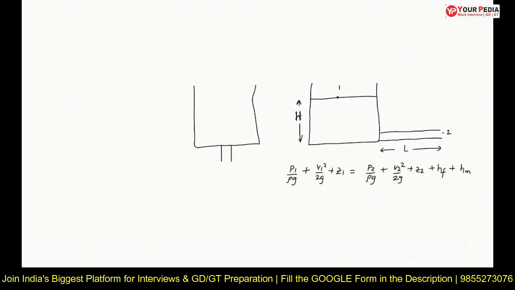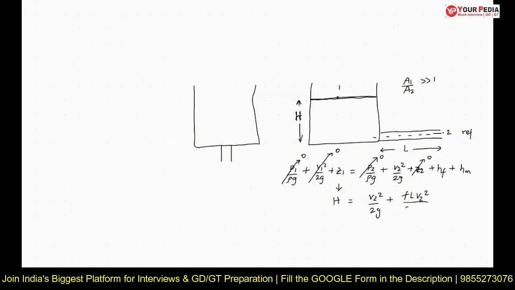Pressures 1 and 2 are atmospheric, so I can cancel them. Area 1 divided by area 2 is very much greater than 1, so I can cancel that term also. Z2 is the reference level, so I can cancel this also. So H is equal to V2 square divided by 2g plus frictional losses.